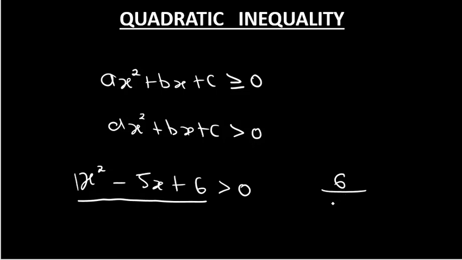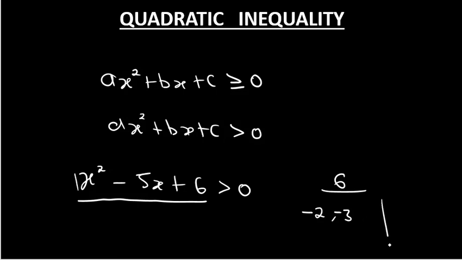Now for positive 6, we know that 2 times 3 gives us positive 6, but when we add, this gives us positive 5. But the coefficient of x here is negative 5. So we have to negate the two factors. The reason we negate them is that negative times negative is positive. So we can use negative 2 and negative 3.